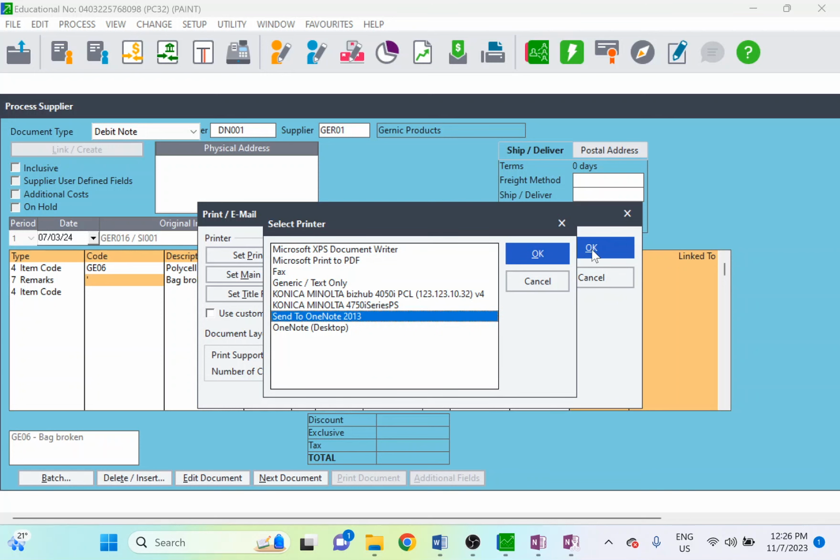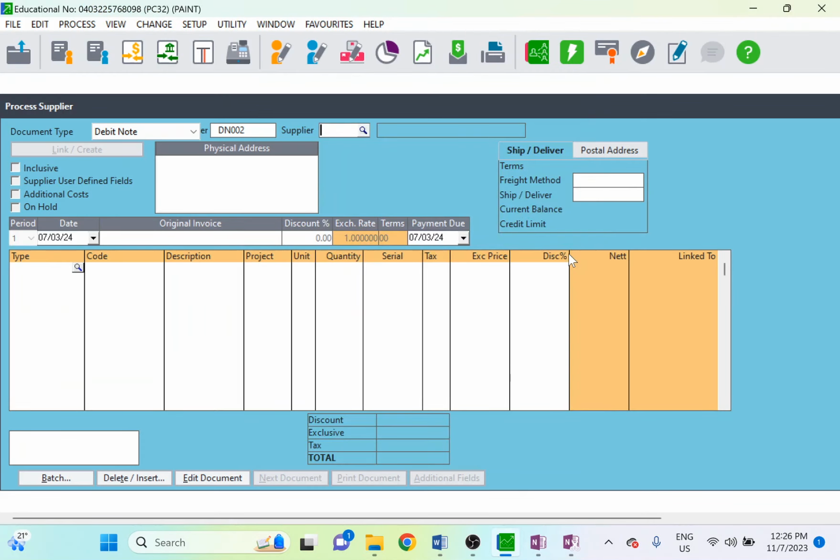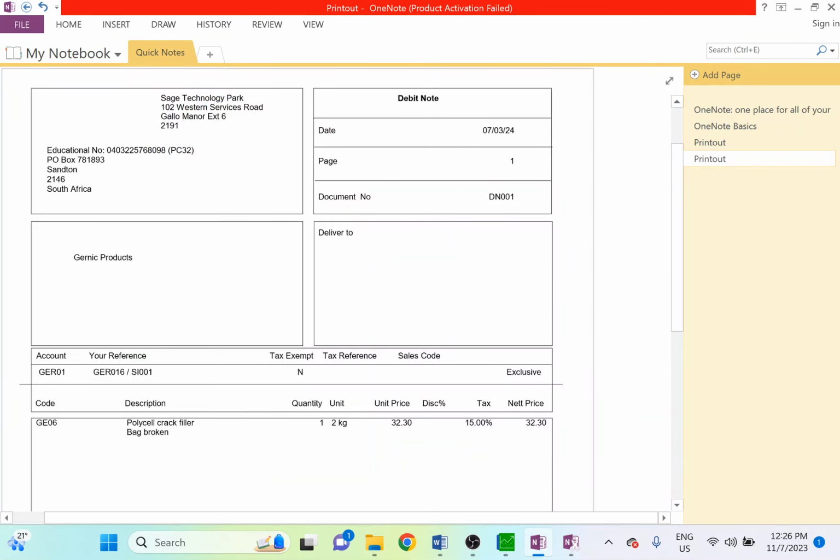We send it to OneNote. This is how your document was supposed to be like.